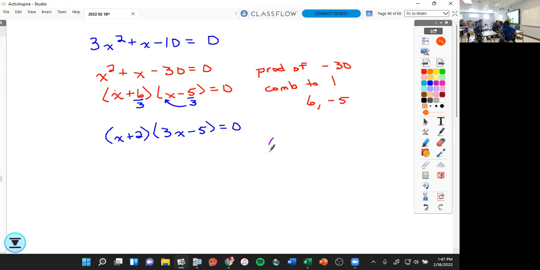Notice I've changed colors. This is totally not related to this problem at all. Let's say I had X plus, I'll just make it improper.